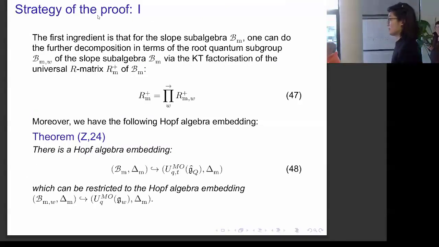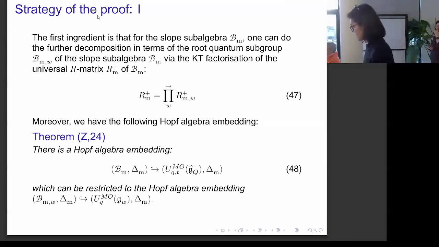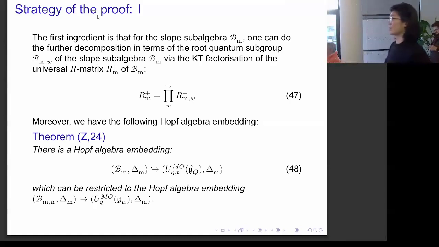So the strategy of the proof is that the first thing is that for the slopes of algebra, usually we can do the further decomposition in terms of the root quantum subgroup of the slopes of algebra by the holistic plus stoic factorization of the universal R matrix.